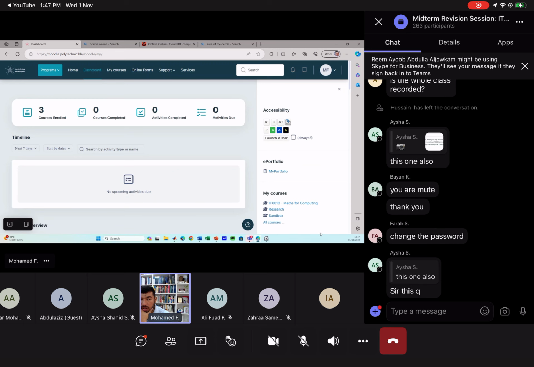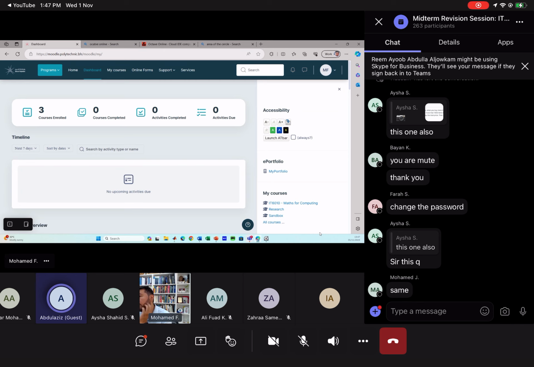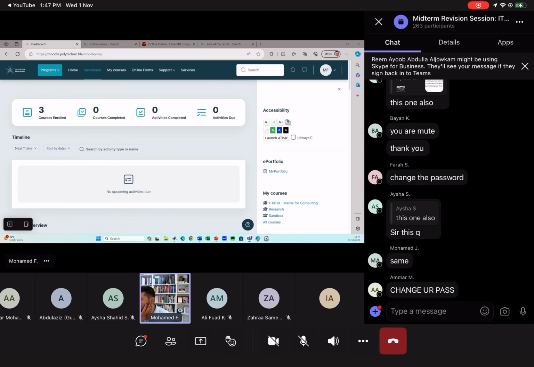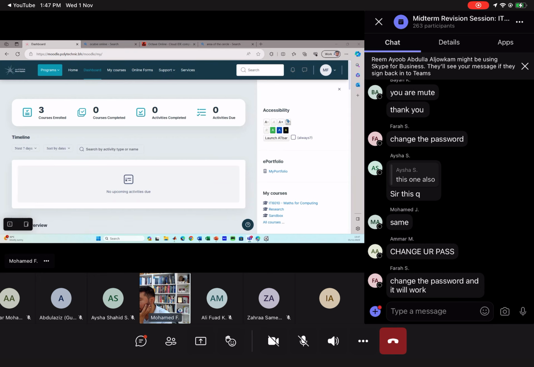Is it English or Arabic? I'm not sure. Just contact the IT people. Same. Who has a problem? Hamad Jassim also? Change your password. Ammar says change the password and it will work.